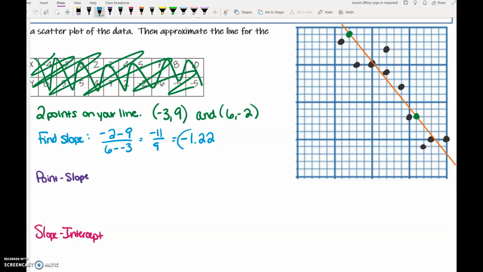Once I have my slope, I'm going to pick one of my points, and I'm going to plug this all into point-slope form. So mine is y minus a -2 equals -1.22 times x minus 6. And then I would distribute.